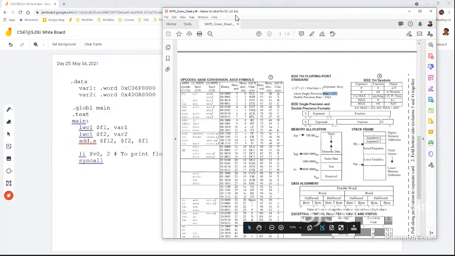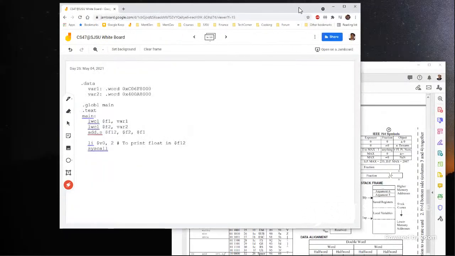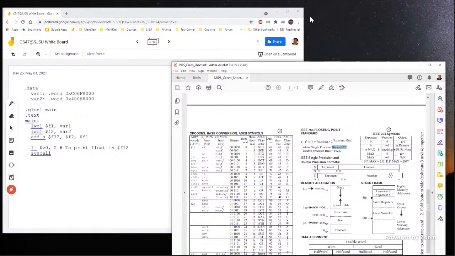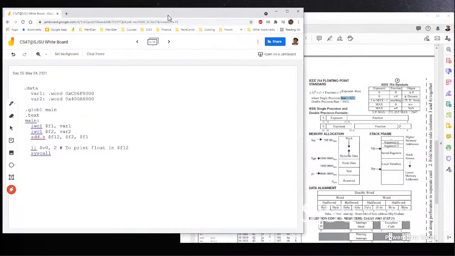Let me put that aside somewhere. Format-wise, these 32 bits are broken down into sign, exponent, and fraction. The sign is 1 bit, according to the format.